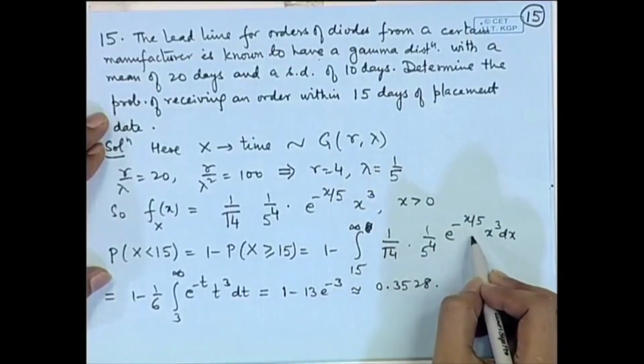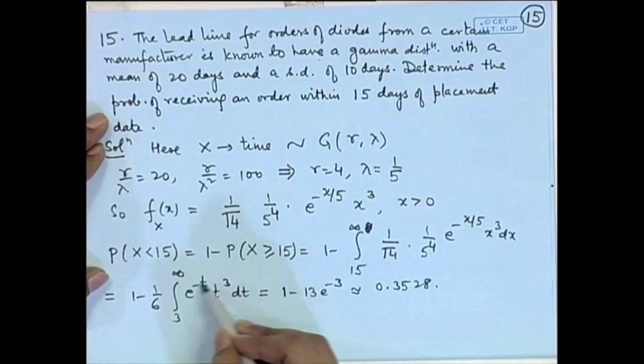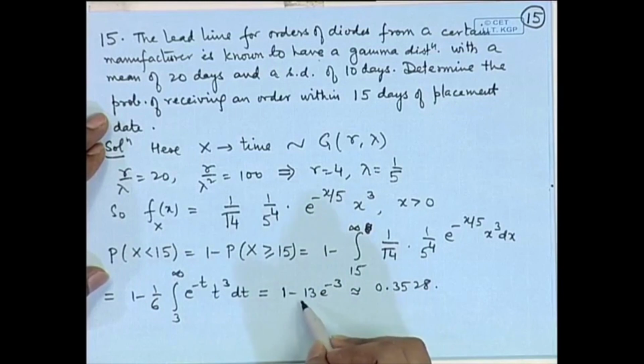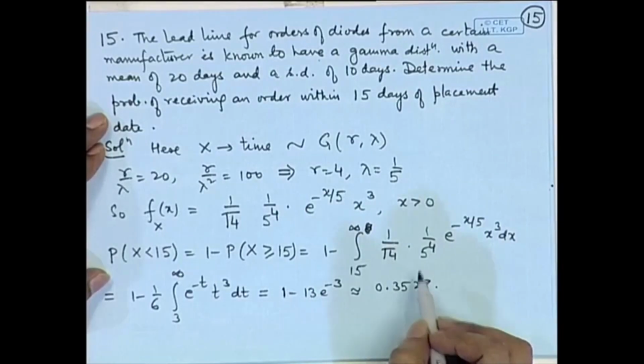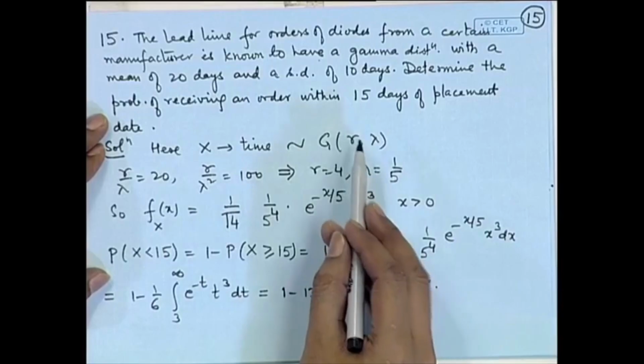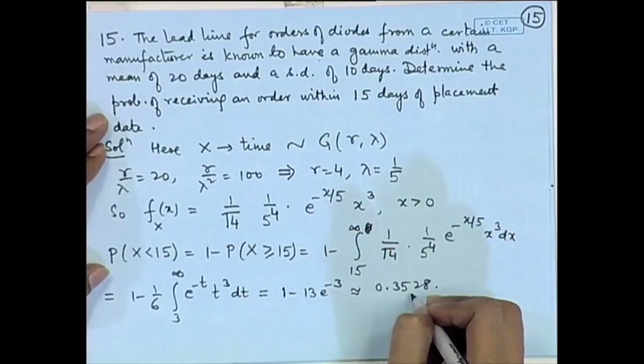Here we can make the transformation x by 5 equal to t, and it reduces to a simple integral from 3 to infinity of t cube e to the power minus t dt. This can be evaluated using integration by parts, and the value is 1 minus 13 e to the power minus 3, which is approximately 0.35. So, under these conditions, the probability of receiving an order within 15 days is nearly one third.